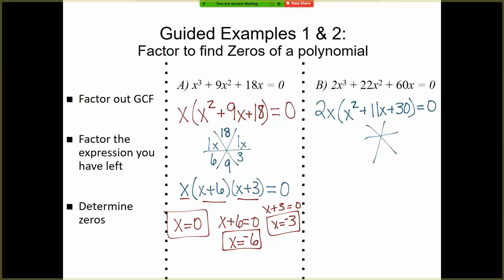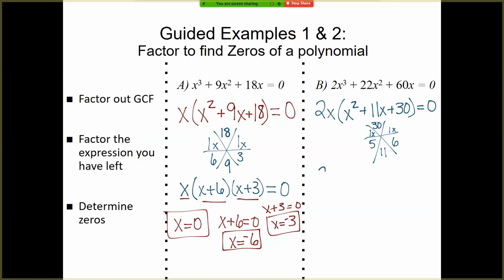Since in my parentheses I have a quadratic with x squared, I'm going to try to use my asterisk because it's 3 terms. So I'm looking for two numbers that multiply to give me 30 but add to give me 11. 5 times 6 is 30 and 5 plus 6 is 11.